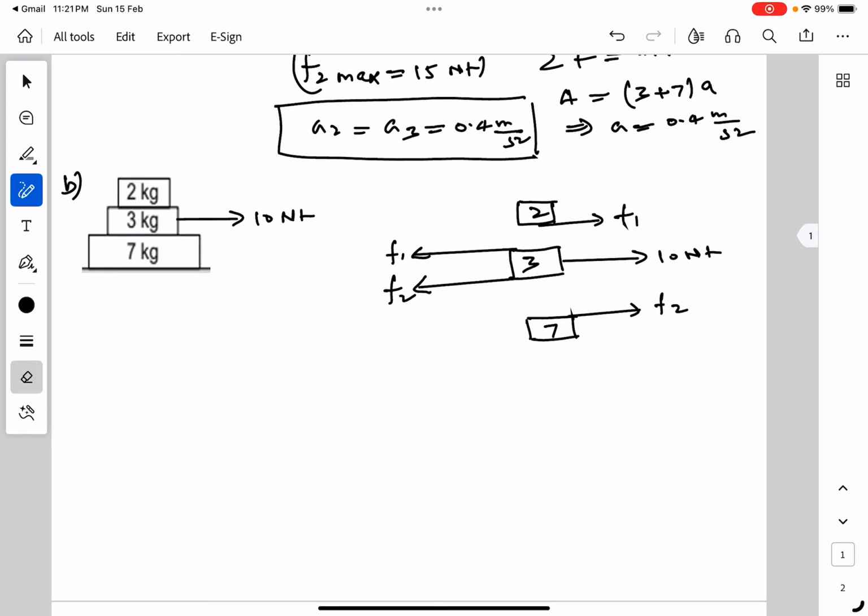Now let us assume all three blocks are moving together. So let us find out their common acceleration.